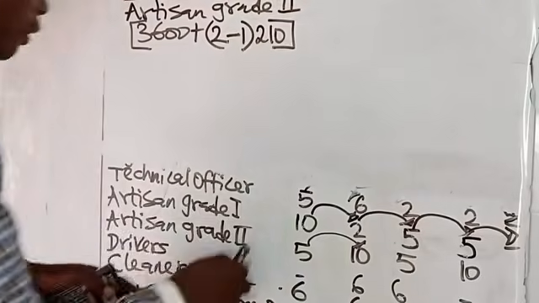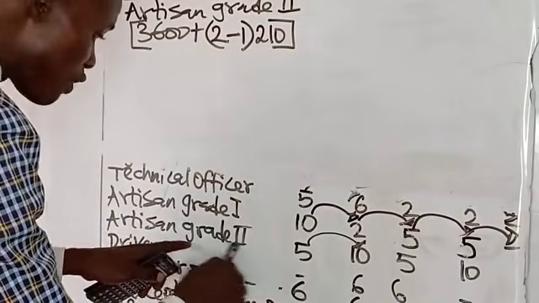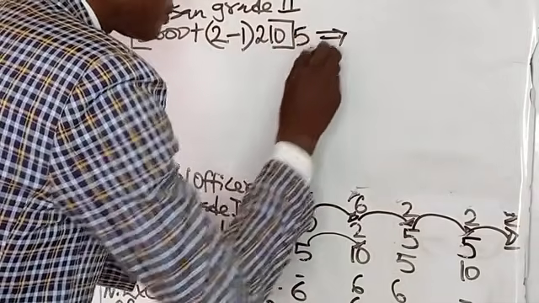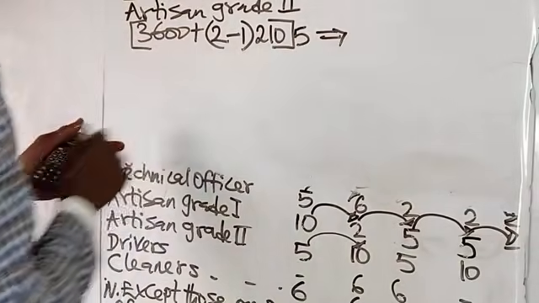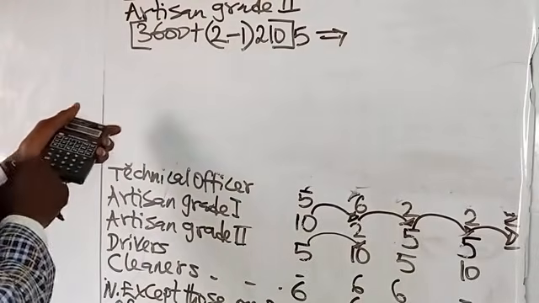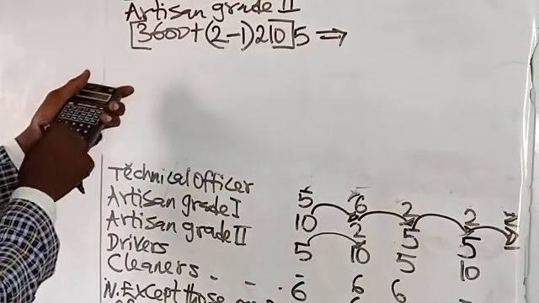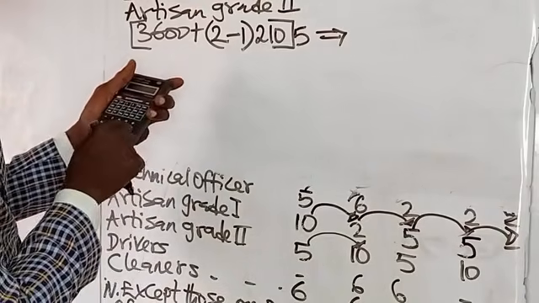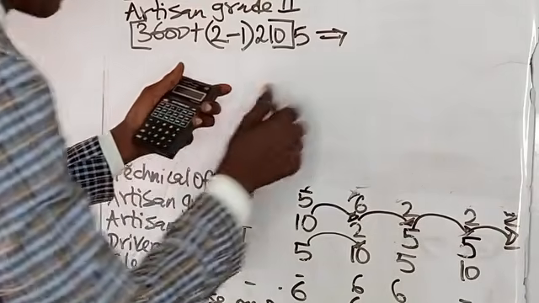And the number of employees who are now moving from step 1 to step 2 are 5 in number. 2 minus 1, that is 1. 1 times 210, that is 210. Plus 3,600, that is 3,810. Times 5 employees. We have 19,050.